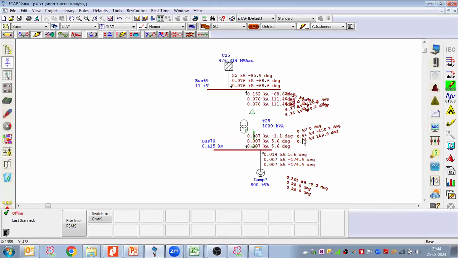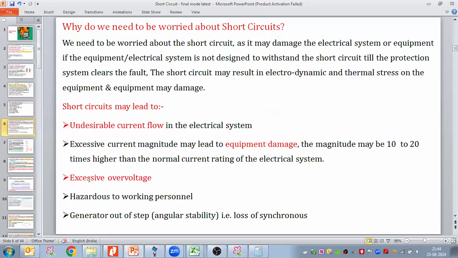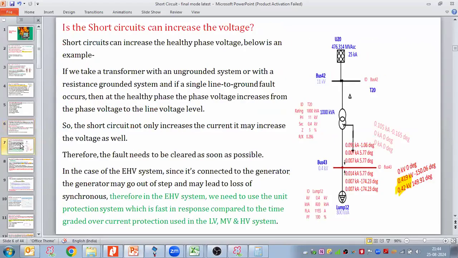It will be equal to line voltage. So taking this example, I am telling here this short circuit can lead to excessive over voltage as well. Making sense? Right? So short circuit can increase the healthy phase voltage.